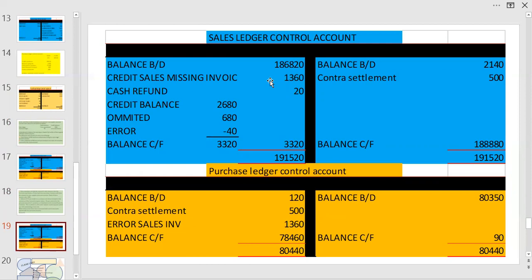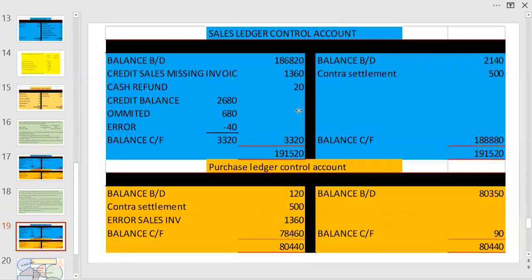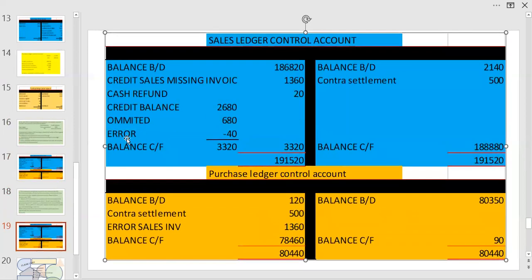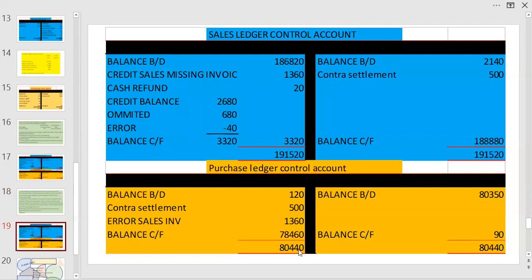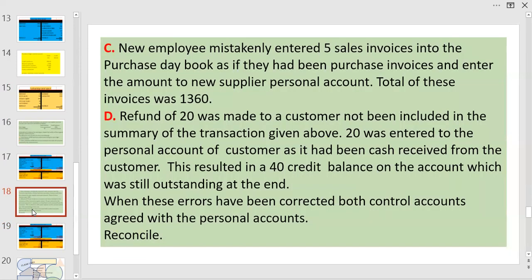The next one: a refund of 20 was made to a customer not being included in the summary of transactions given above. In order to correct this part, cash will be credited and sales control account has to be debited. It further states 20 was entered to the personal account of a customer as if it had been cash received from the customer.